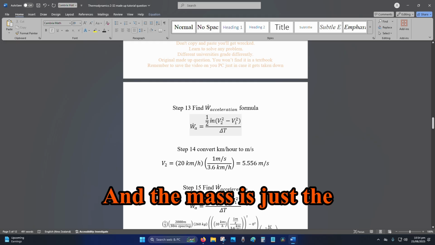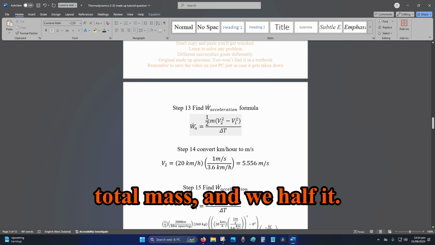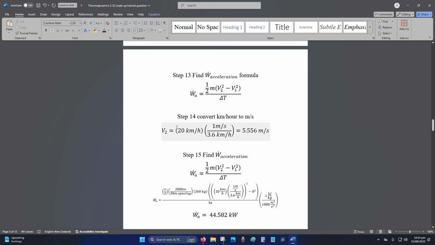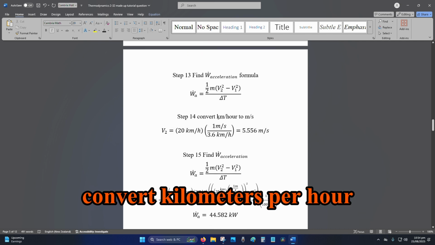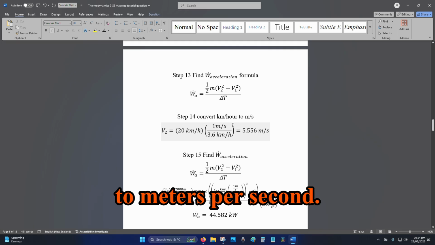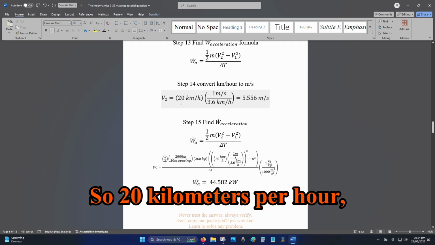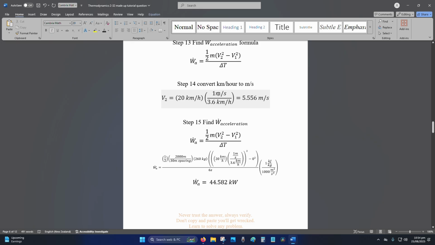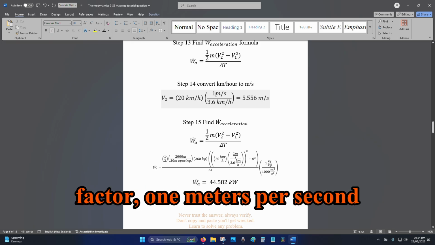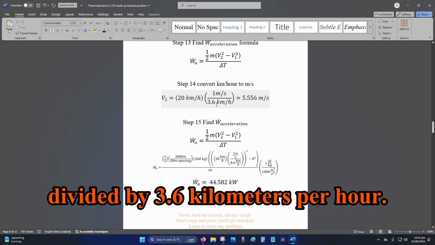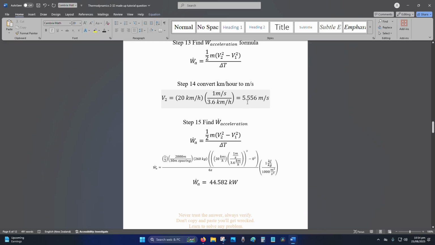And the mass is just the total mass, and we half it. Okay, step 14, convert kilometers per hour to meters per second. So 20 kilometers per hour, that's given in the question, multiplied by your conversion factor, 1 meters per second, divided by 3.6 kilometers per hour.